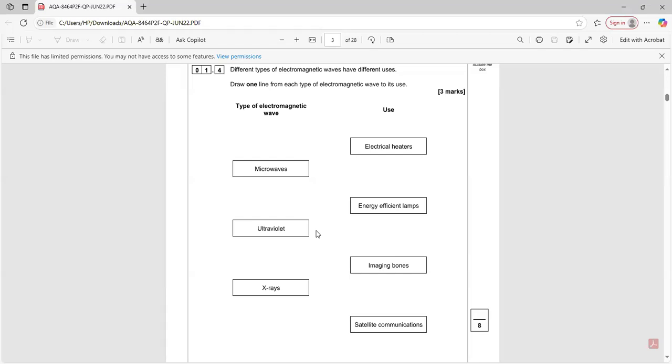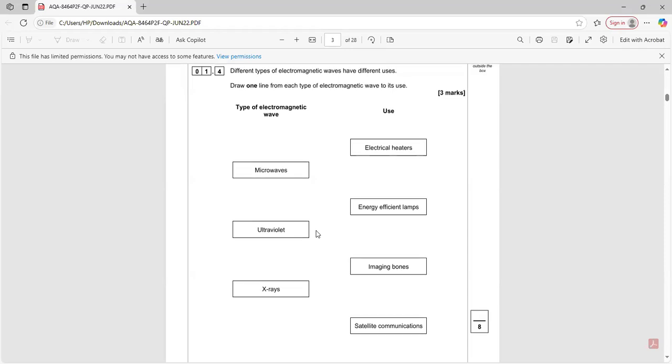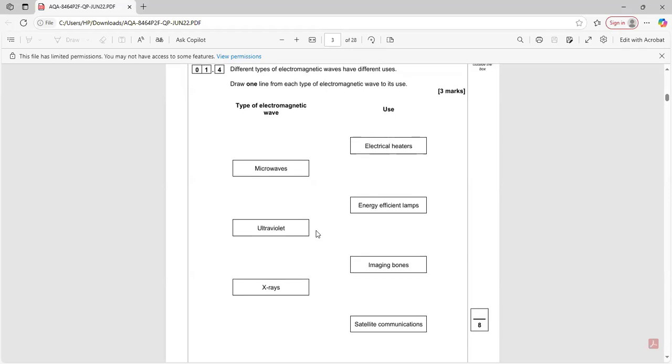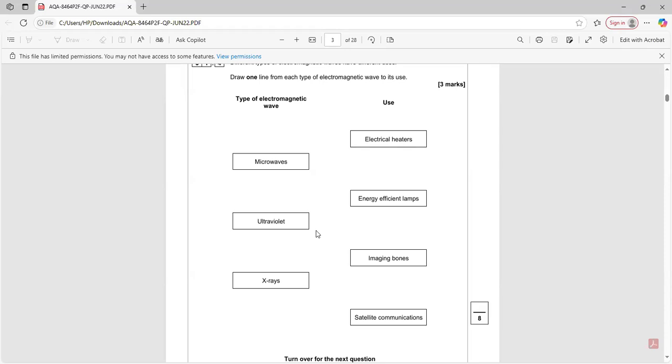Microwaves are also used for satellite communications, right? Yes.